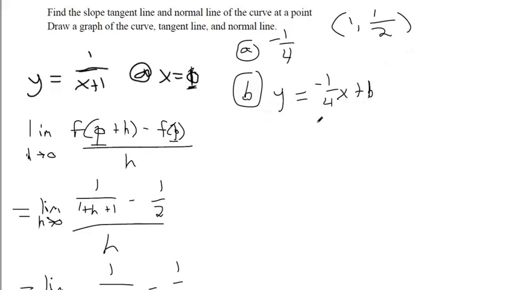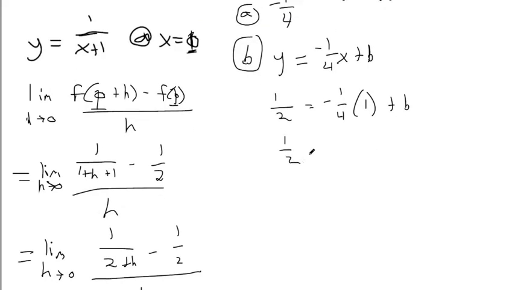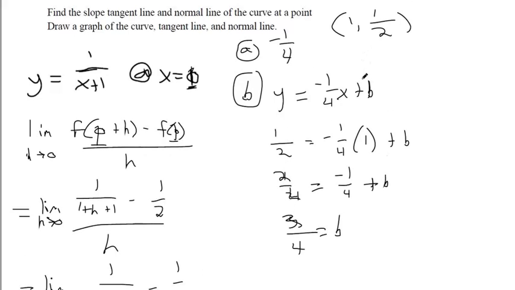So to find out that b, we've got to plug in 1/2 in for y, 1 in for x. Okay, and then to get b by itself, I got to add 1/4 to both sides. So this is like 2/4 plus 1/4, that makes 3/4, right? So that's our y-intercept, 3/4.